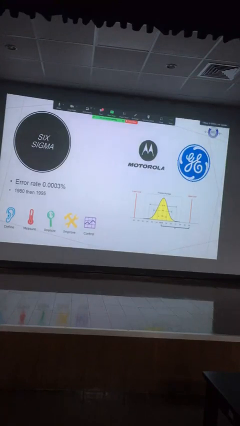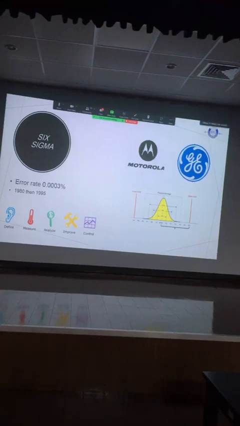Six Sigma. Six Sigma is another big thing in quality, and you hear those terms. If you're familiar with quality or you did a quality project, you will hear a lot about Six Sigma and lean management. Six Sigma was established in the 1980s by General Electric.